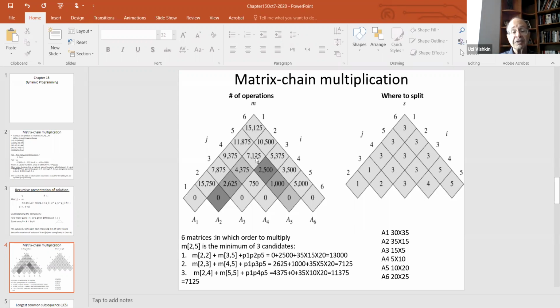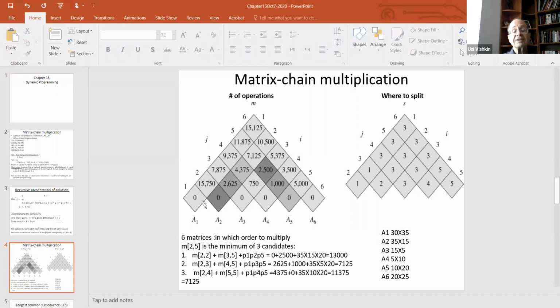So for example, this rubric tells me that 7125 is the smallest number of multiplications for multiplying matrices 2 through 5, meaning A2 times A3 times A4 times A5, because 2 is the I and 5 is the J.